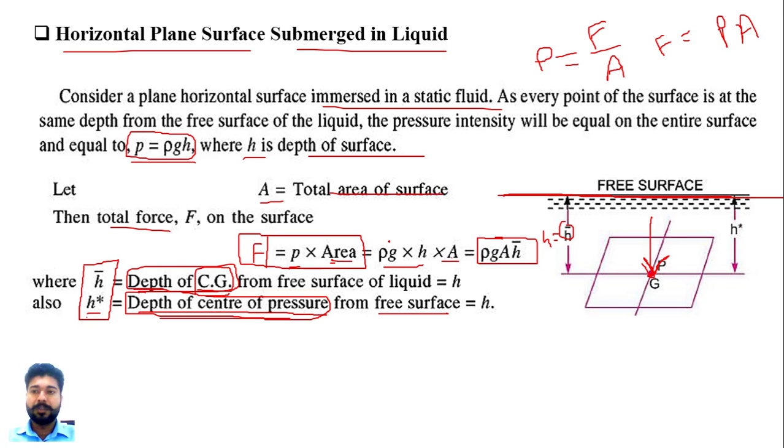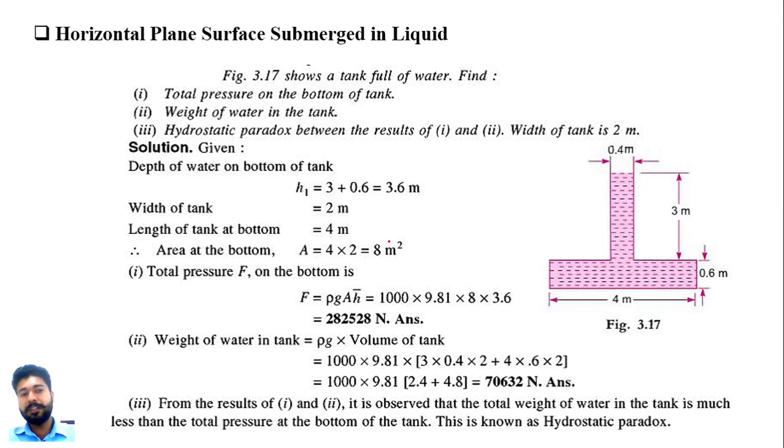So that was about the horizontal plane surface, and let's see a simple example for it. We have figure number 3.17, where we need to find the total pressure on the bottom of the tank. The bottom of the tank acts as a horizontal plane surface, because it is horizontal and parallel to the free surface of the liquid.